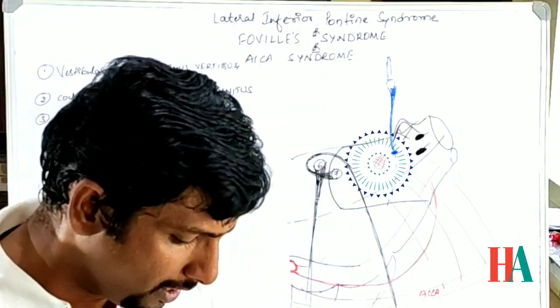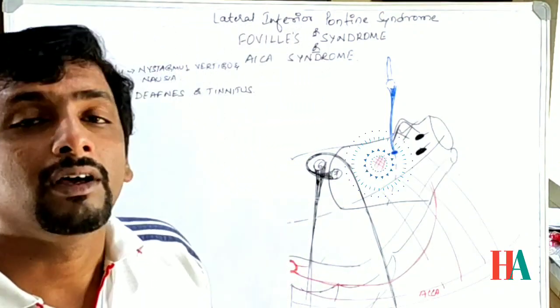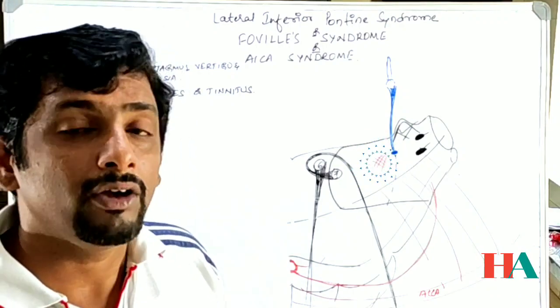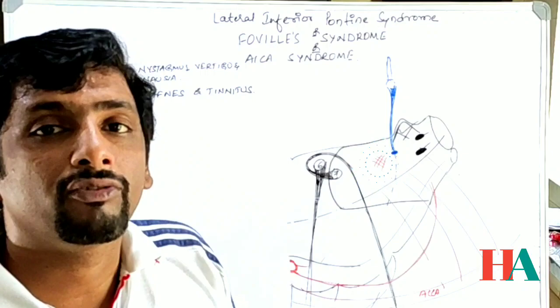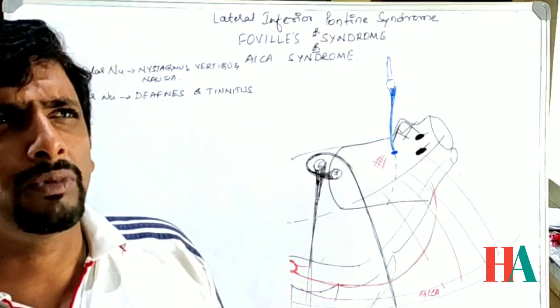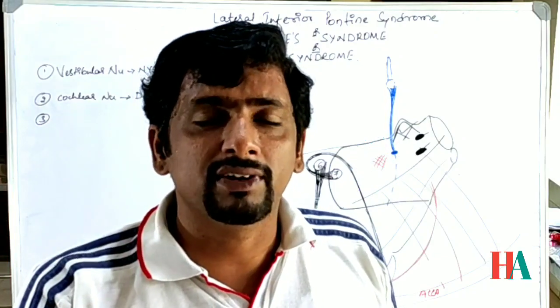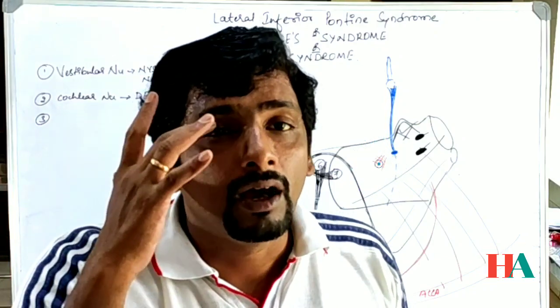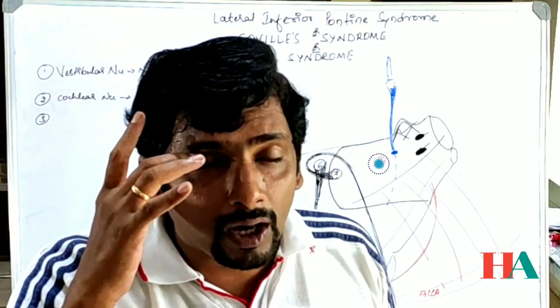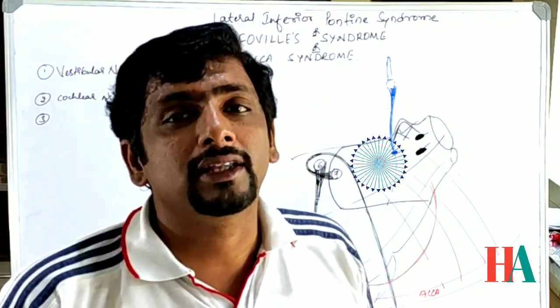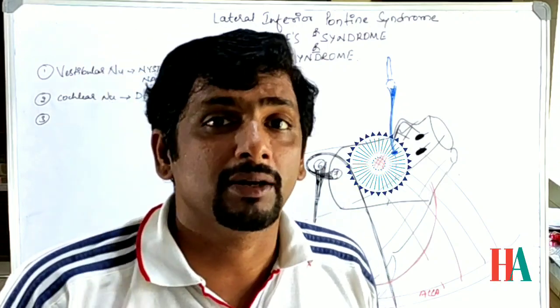Here the autonomic nervous system fibers of the reticular formation get occluded, which leads to the production of Horner syndrome. Horner syndrome includes many symptoms: half of the face sweating is not proper, and the upper eyelid droops downwards. The pupil gets constricted. Many other symptoms are there, which in other sections we are going to study.